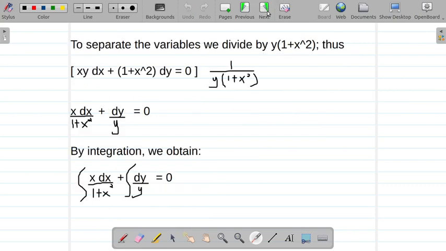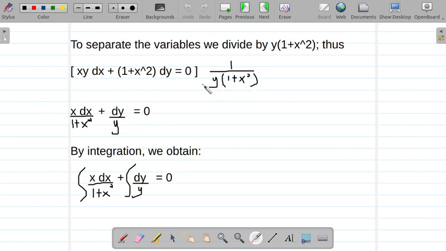Next is to separate variables: x in terms of dx, then y in terms of dy. We can divide this equation by y times 1 plus x squared. So, xy dx plus 1 plus x to the power of 2 dy is equal to 0, divided by y times 1 plus x squared.